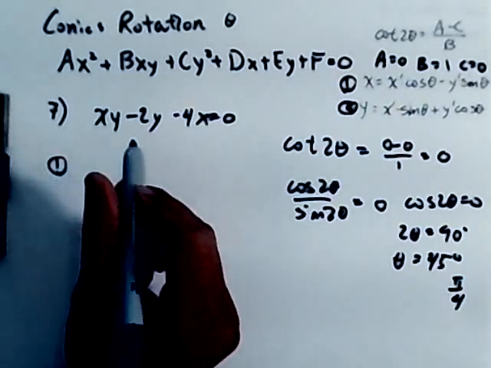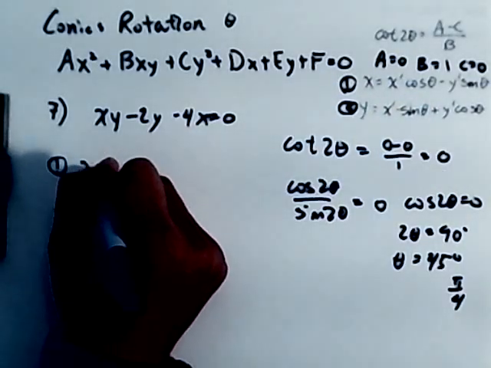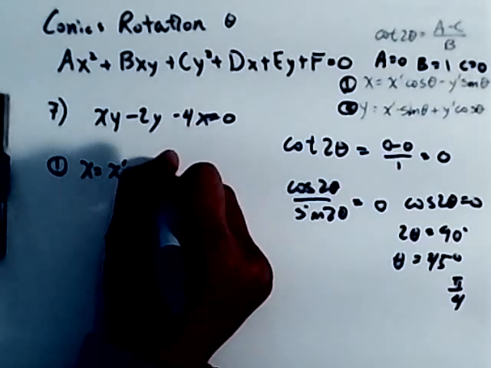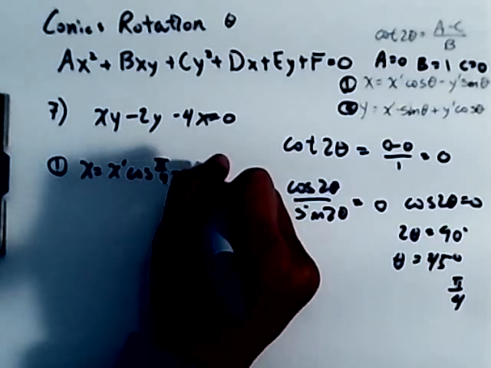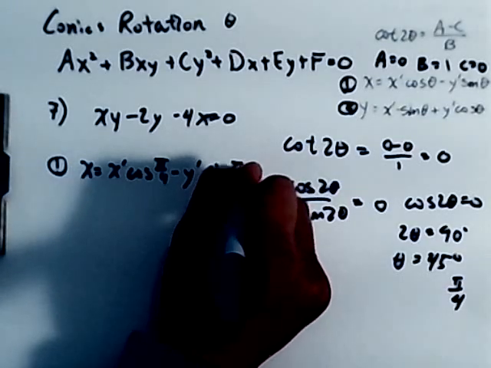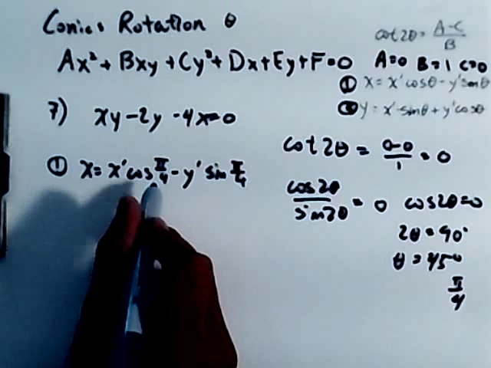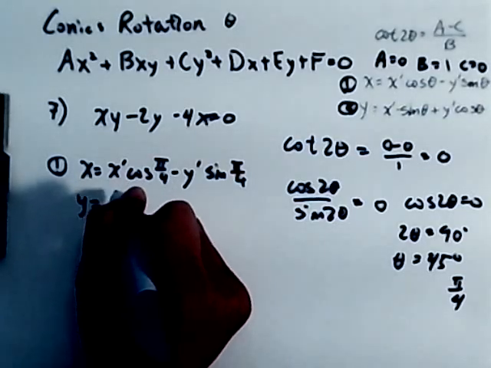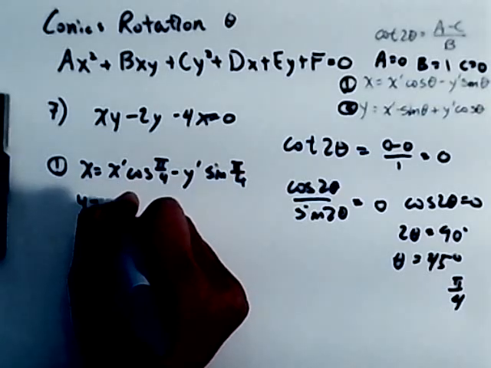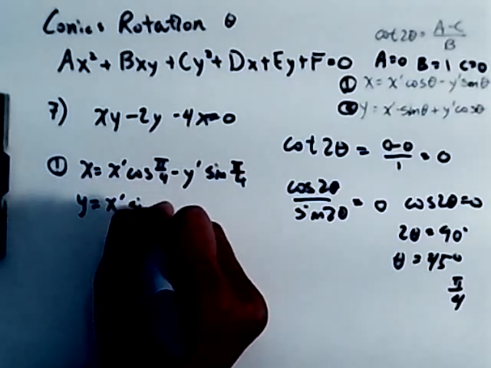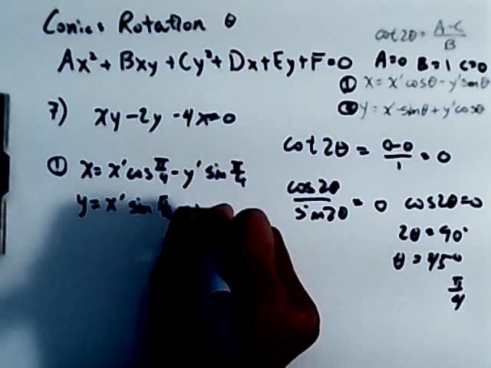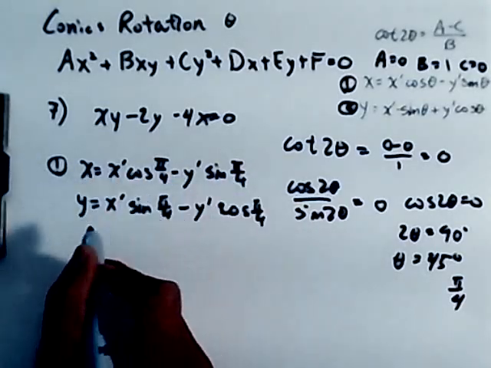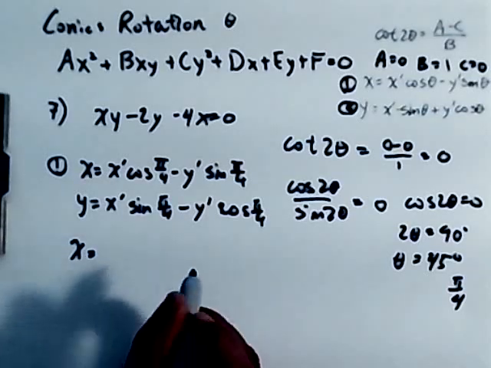So equation 1 becomes x is equal to x prime times the cosine of pi over 4 minus y prime times the sine of pi over 4. We know that the cosine of pi over 4 is root 2 over 2, and the sine of pi over 4 is root 2 over 2. I'm just going to do this really quickly in my head.